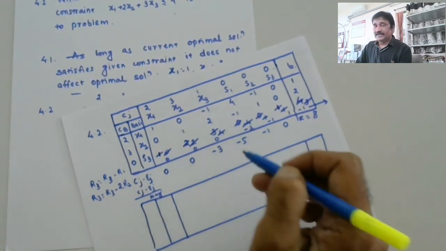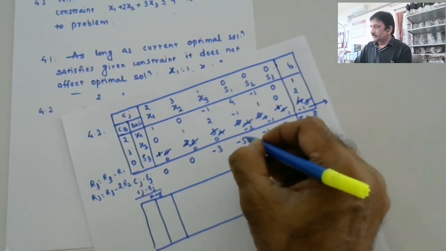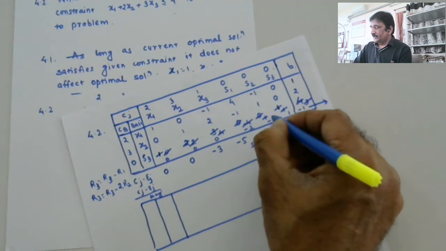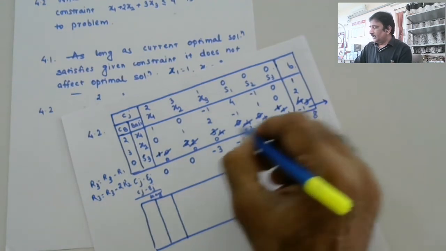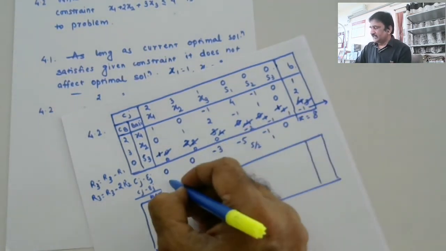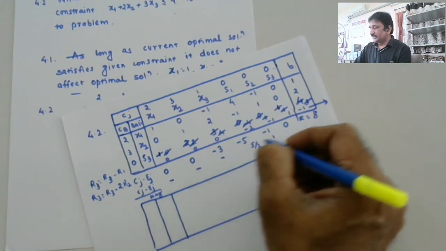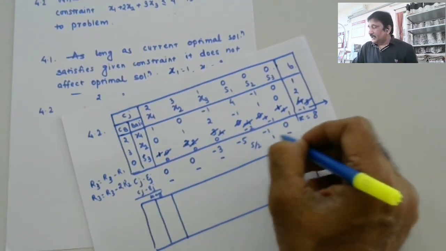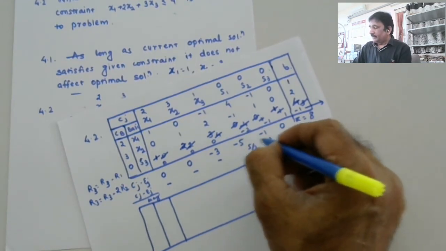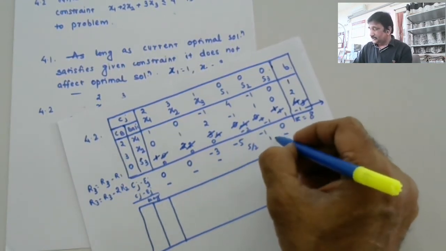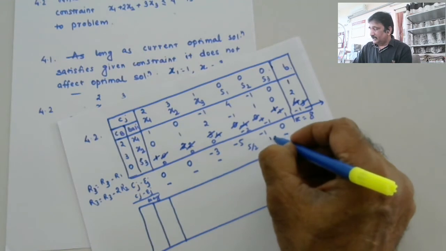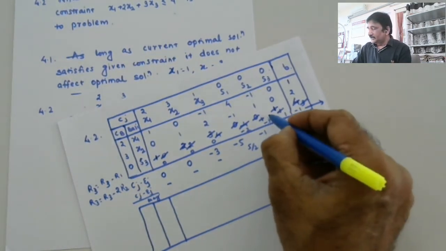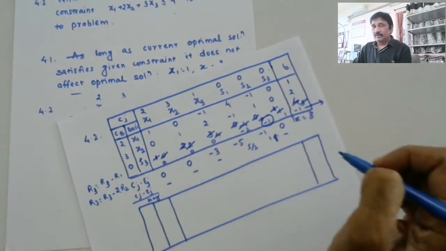Minus 5 divided by minus 2 comes to 5 by 2, and minus 1 divided by minus 1 is 1, and at the rest of the places I cannot find that ratio because the ratio is to be found between negative quantities. And I have to get the minimum among all these ratios. So this is the minimum, so this will be entering, and this is the key element.